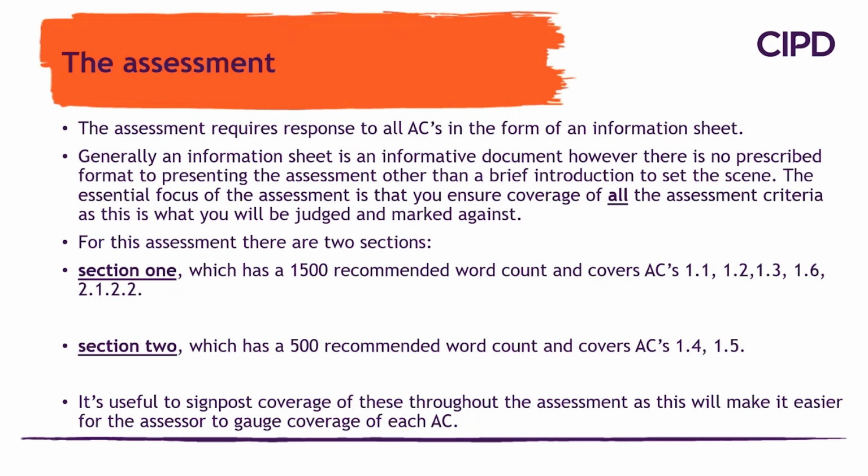Section 2 has a 500 word recommended word count and covers ACs 1.4 and 1.5. It's useful to signpost the coverage of these throughout the assessment, as this will help the assessor gauge the coverage against each of the ACs. Next slide, please.